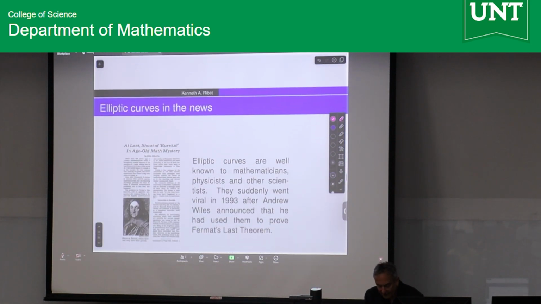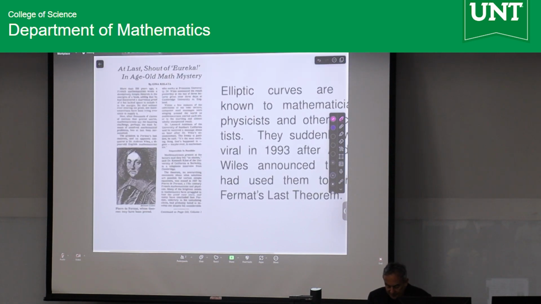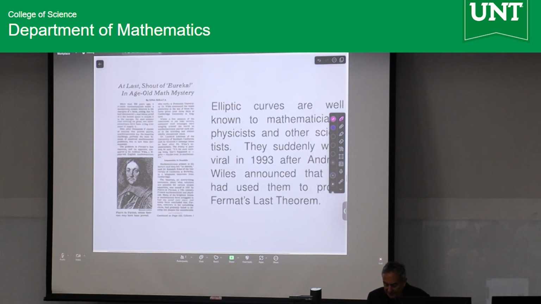Before that, there's maybe a tiny moment of digression where I have a clip from the New York Times, from maybe June 24th, 1993, where the solution to Fermat's last theorem was announced by Andrew Wiles at a conference, which I attended. Wiles became instantly famous, and it literally made the front page of the New York Times at that time.